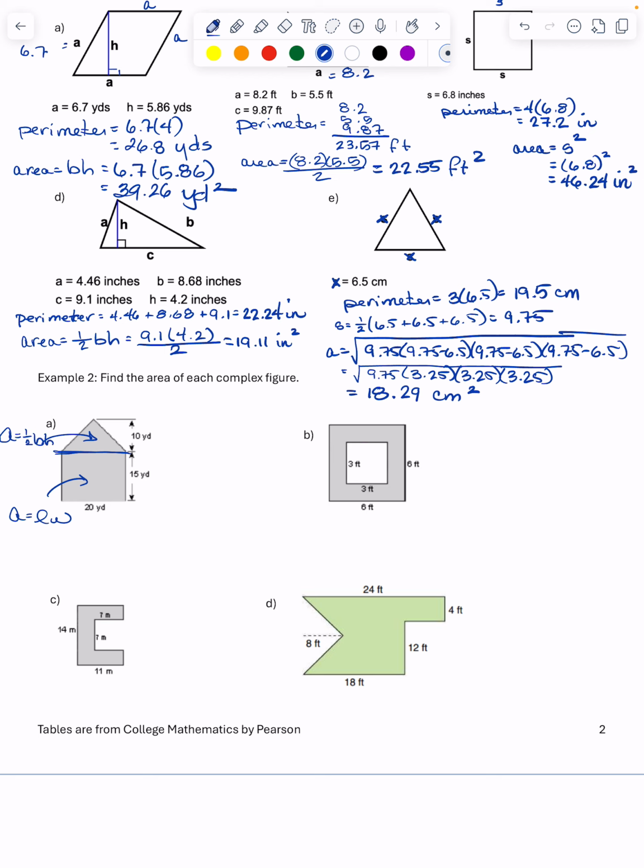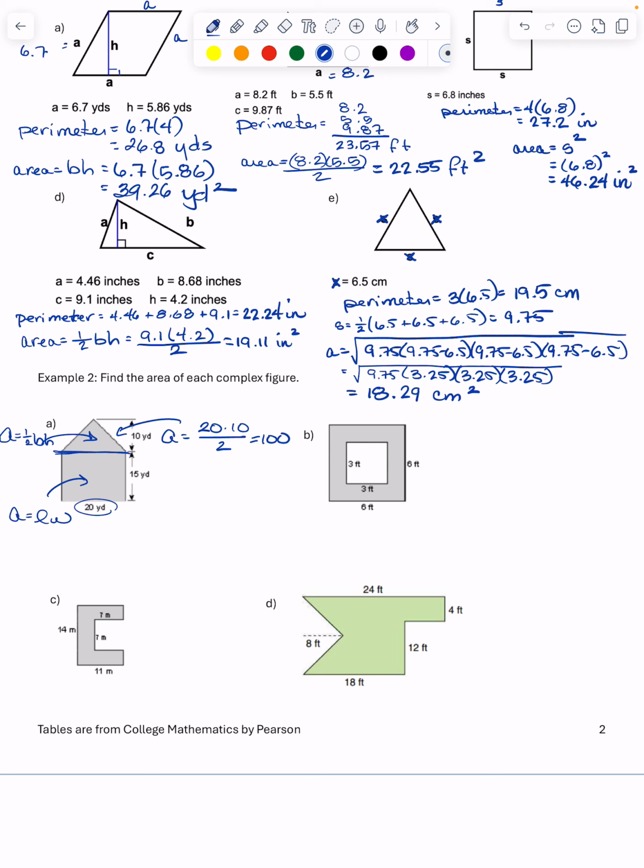So the area of this, well, let's start with the triangle. My base is the same 20 yards that I have down here. So 20 times 10, base times height divided by 2. That's exactly the same as 1/2 times the base times the height. When I multiply that out, I get 100.